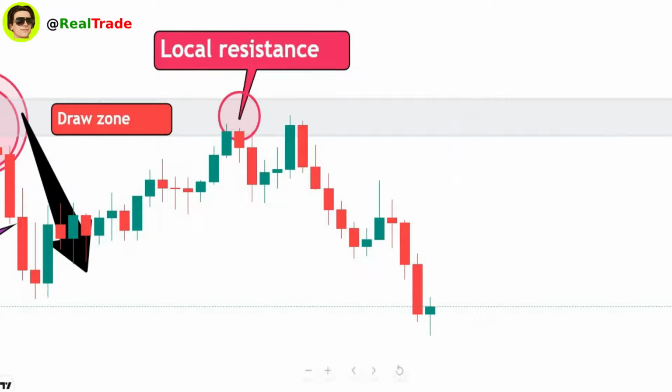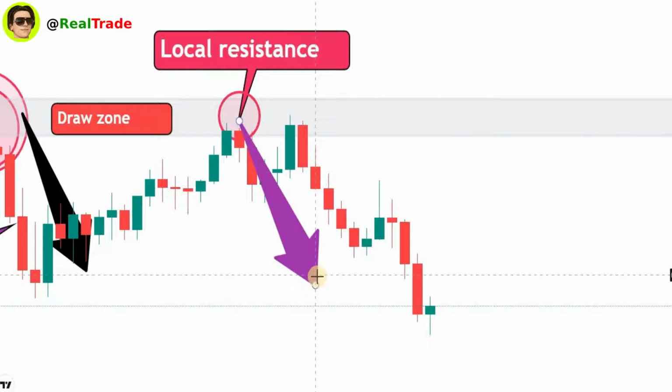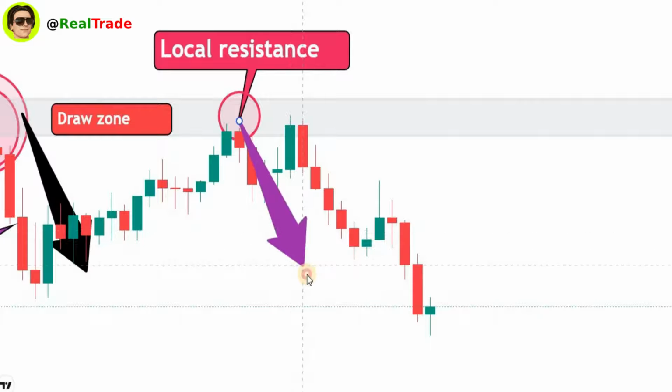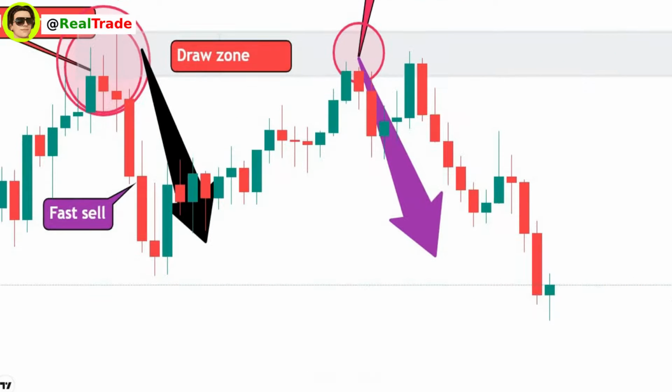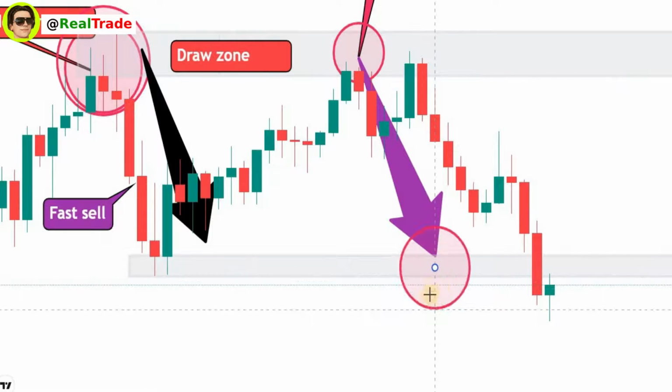Yes, fast sell on the local resistance. Yes, local resistance, local support.